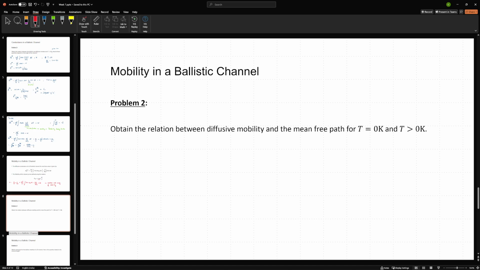At T equal to 0 K, we know that the window function dou f upon dou EF is equal to delta of E minus EF, and let us also assume that T of E is lambda of E upon L, just for the sake of simplicity.